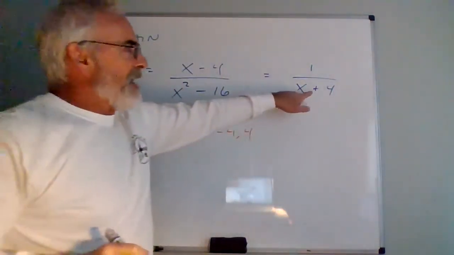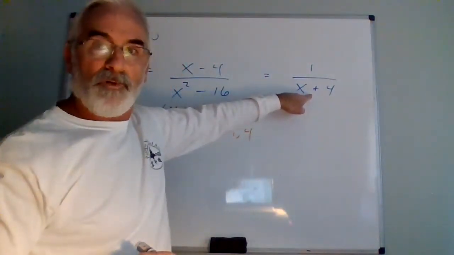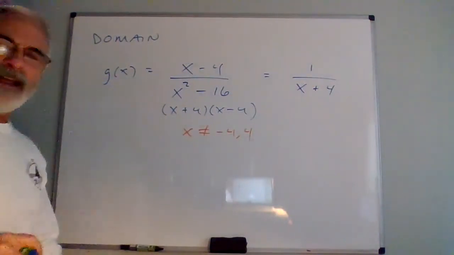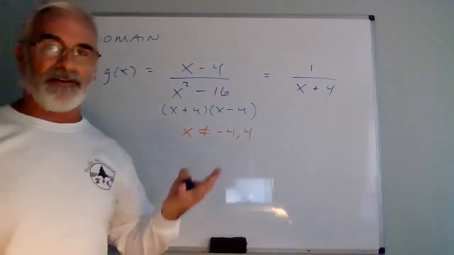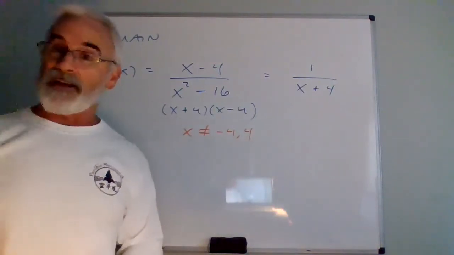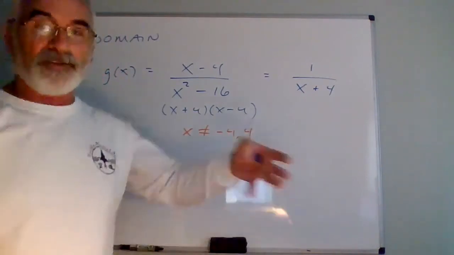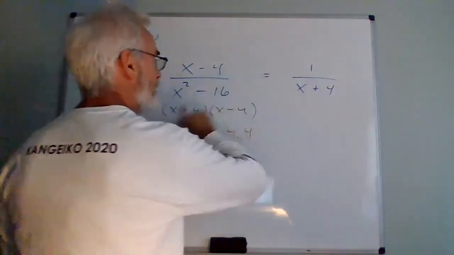Now, in this statement, the only number that I cannot use is a value of -4. But over here, I could not use 4 or -4. And as an absolute rule in mathematics, a domain cannot increase. You can do things algebraically to cause a domain to decrease, but you can never all of a sudden come up with new values. So we have a dilemma in how do I state this?